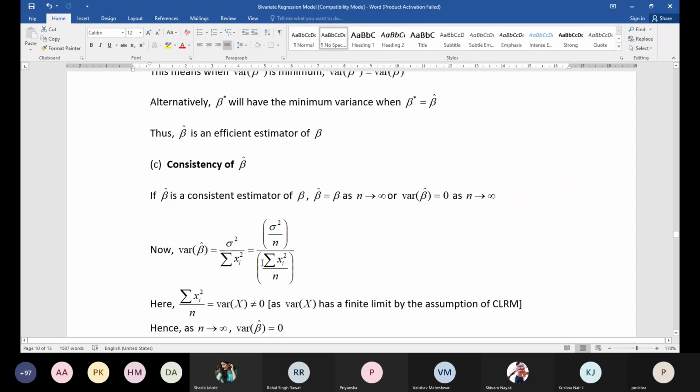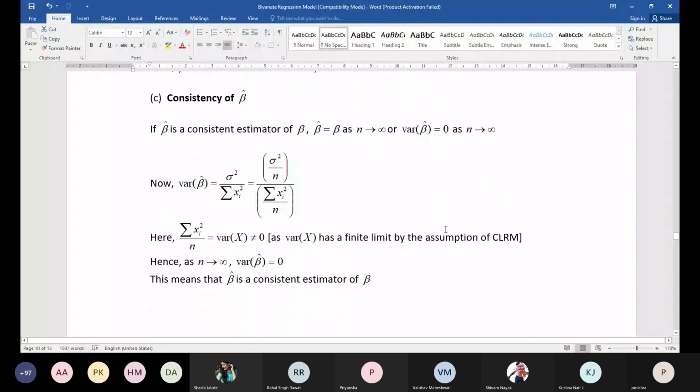In the denominator we have summation of small xi square by n, which is nothing but the variance of capital X. It should be different from 0 as per the assumption of classical analysis.